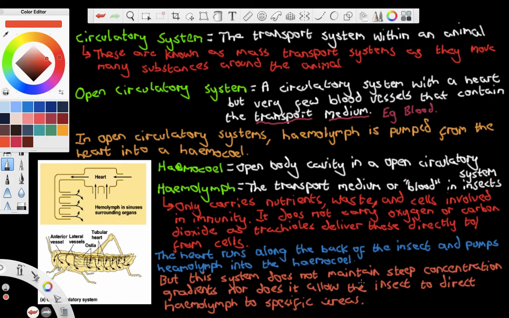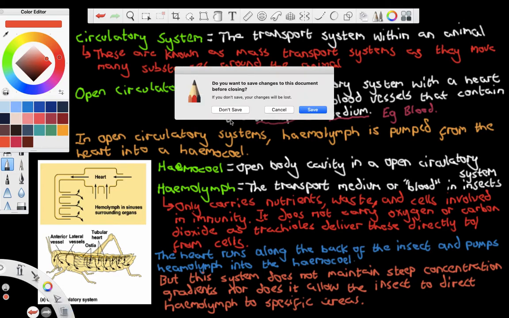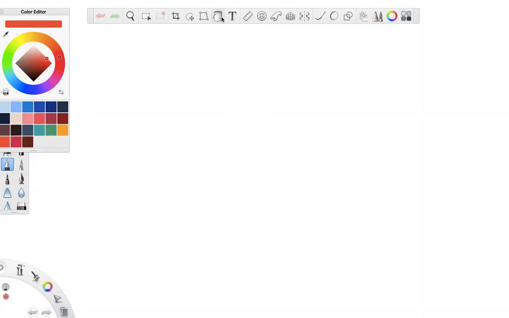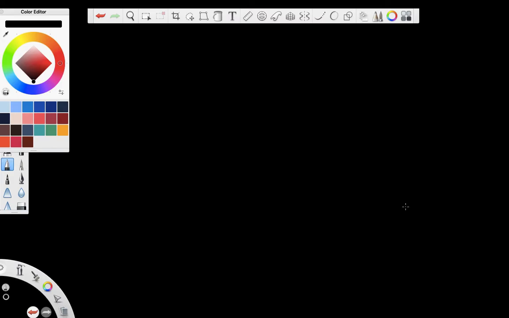Now, there are some exceptions to this, mostly in flying insects, but for the broad spectrum of it, it's best to say that they don't have the ability to direct hemolymph to specific areas. So that's our open circulatory systems.